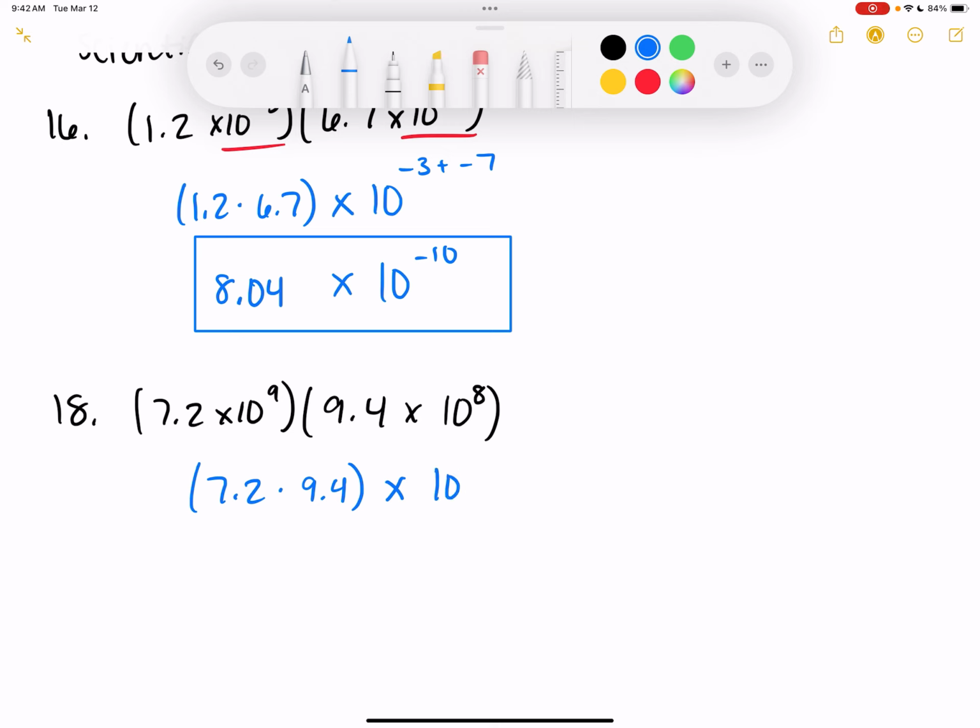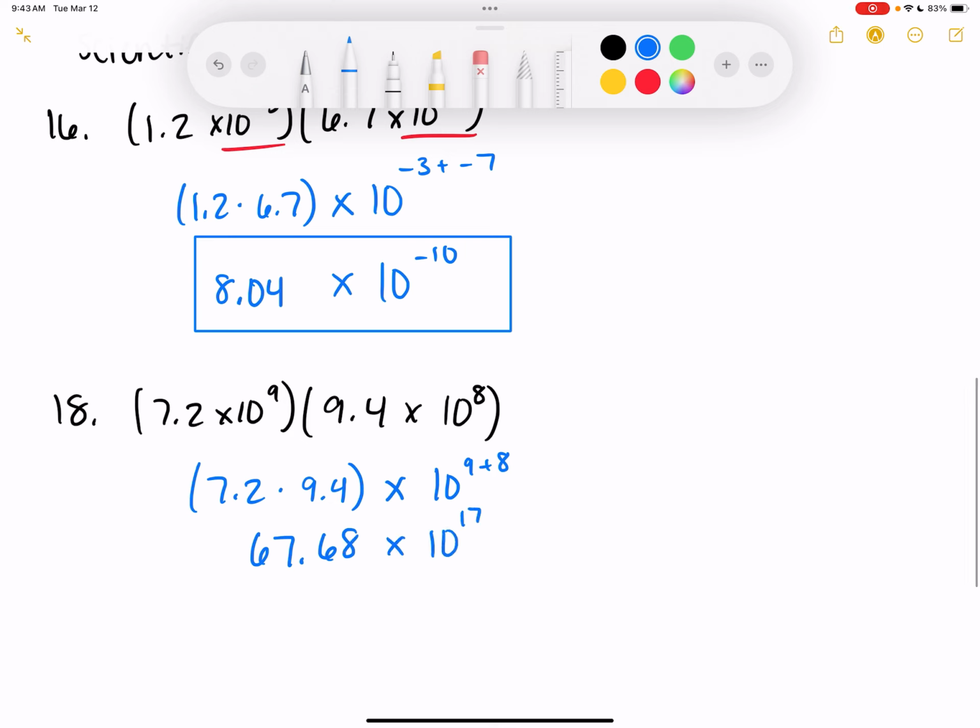And once again, you don't have to show this part. You can just go straight to what that number is. But what's 7.2 times 9.4? 67.68 times 10 to the 17th.